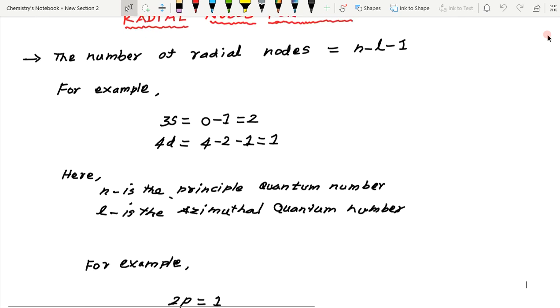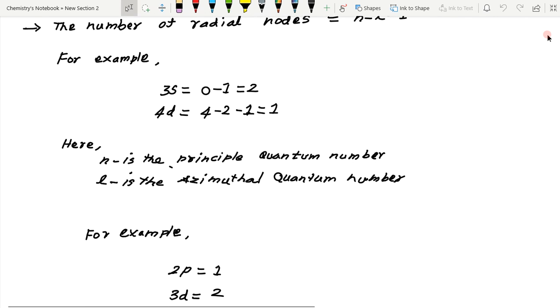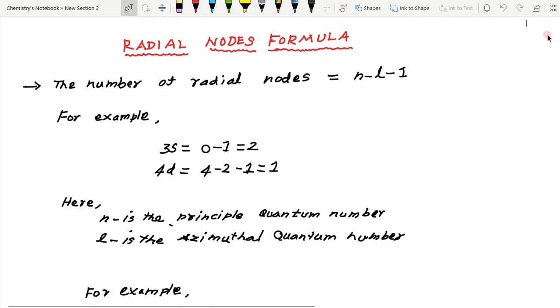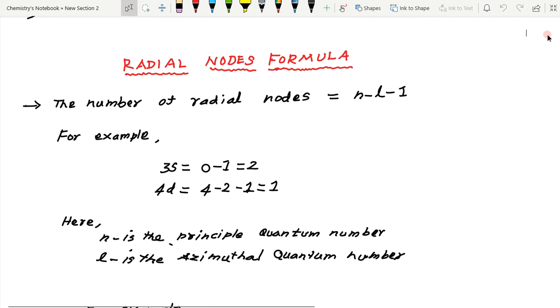For example, at 3s orbitals, l equals 0, n is 3, so 3 minus 0 minus 1 equals 2.